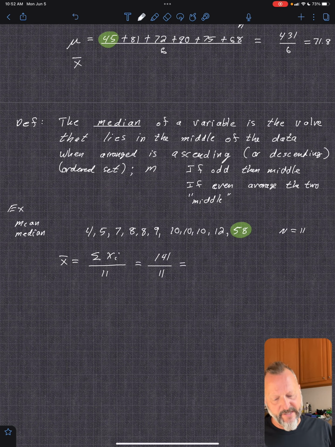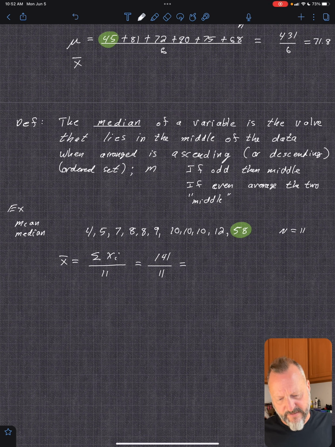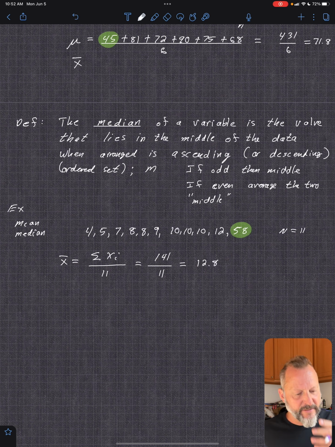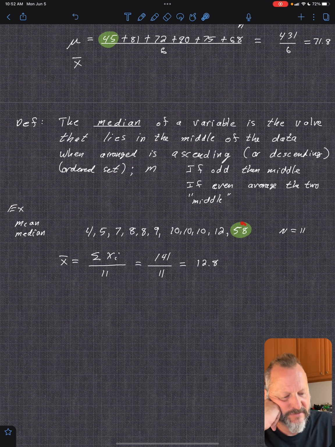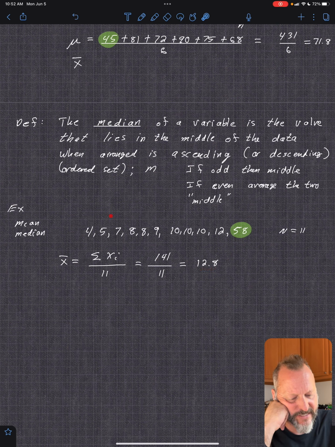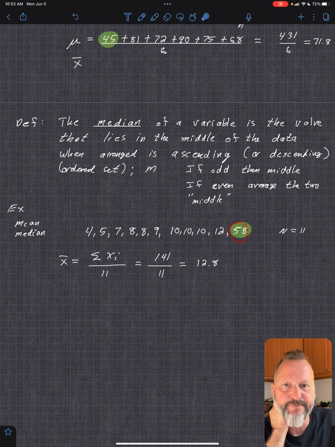Okay, then we divide by 11, and I get 12.8. So look at that difference in that outlier. That outlier is 58. I still get 12.8. Look at that. That is above every single data point except for that 58.